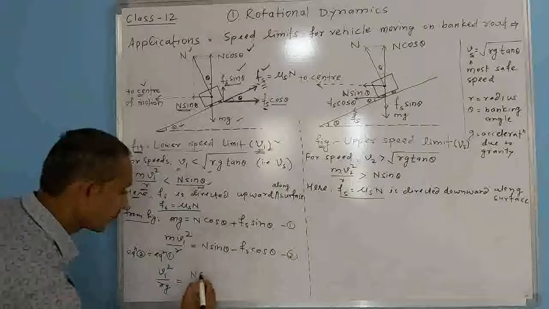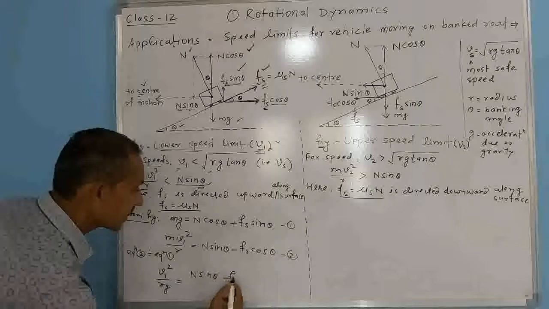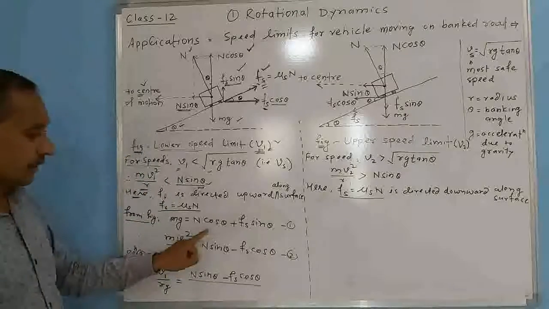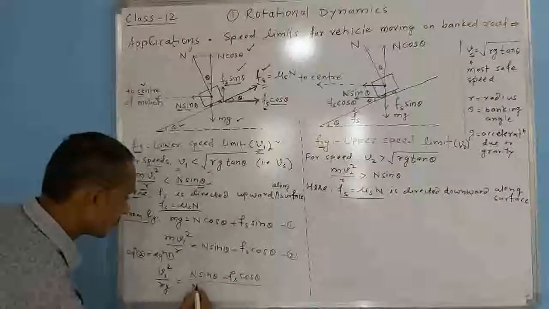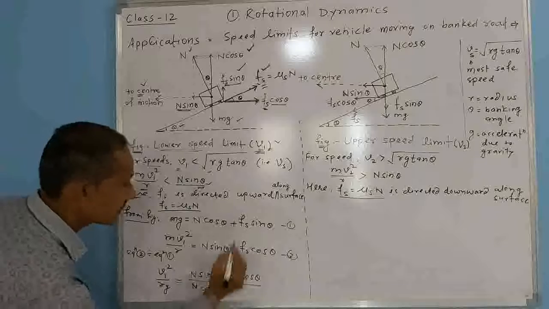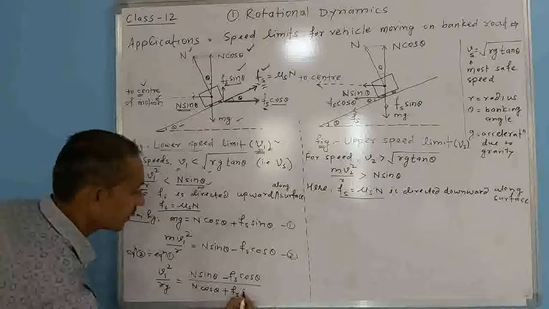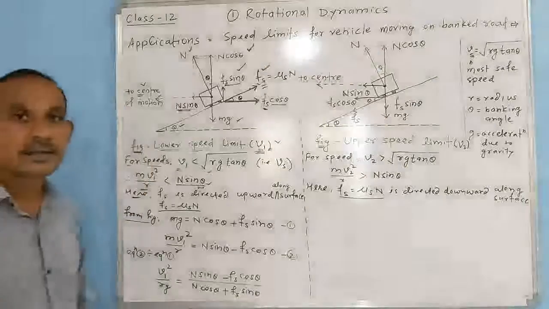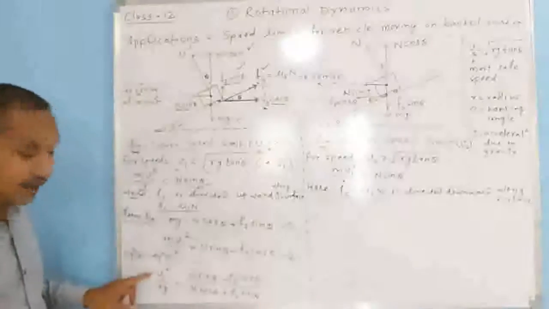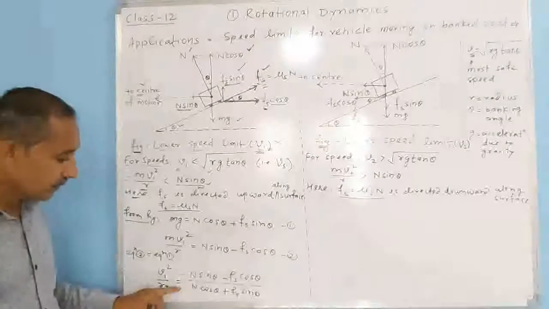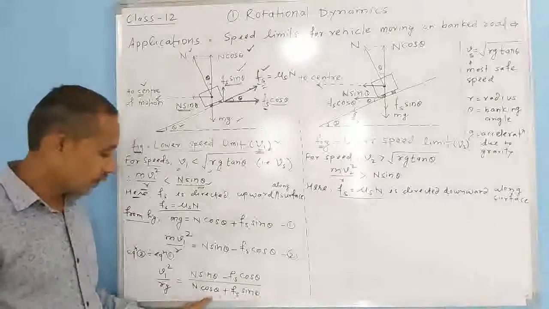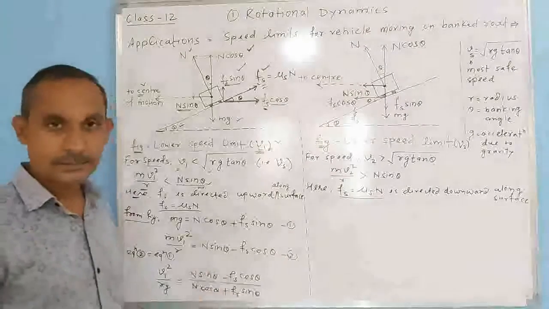Equation 2, N sin theta minus Fs cos theta, divided by equation 1, N cos theta plus Fs sin theta. So equation 2 divided by equation 1, we get V1 square upon Rg is equal to N sin theta minus Fs cos theta divided by N cos theta plus Fs sin theta.